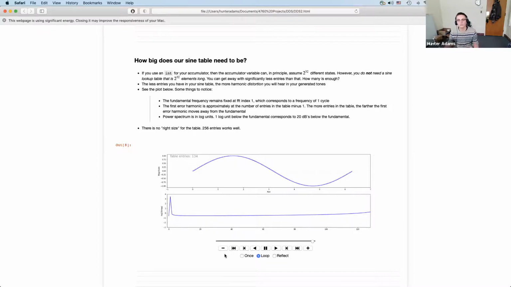Adding more entries to the sine table will add an amount of improvement that is definitely impossible for me to discern. Maybe some of you have better ears for this sort of thing than I do. But the improvement that you get to your ear by adding more than 256 entries to your sine table is indiscernible. At 256 entries, the first error harmonic is so far away and so attenuated that it is imperceptible to my ear.